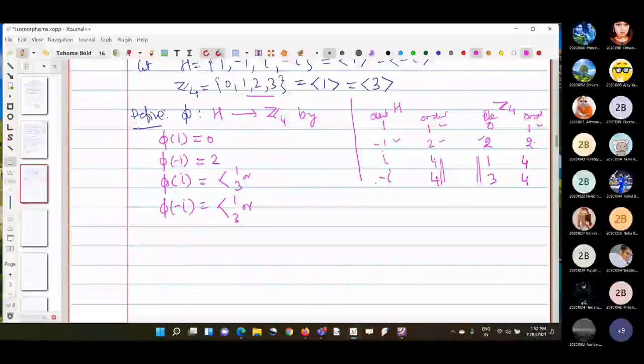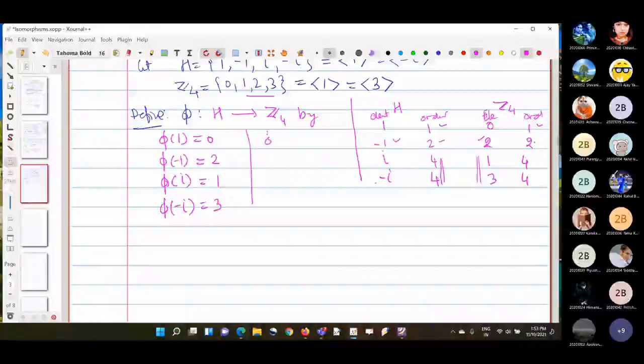Okay. So with this setting, what we can write: suppose we are fixing phi of I equals 1, and then we should have here 3.